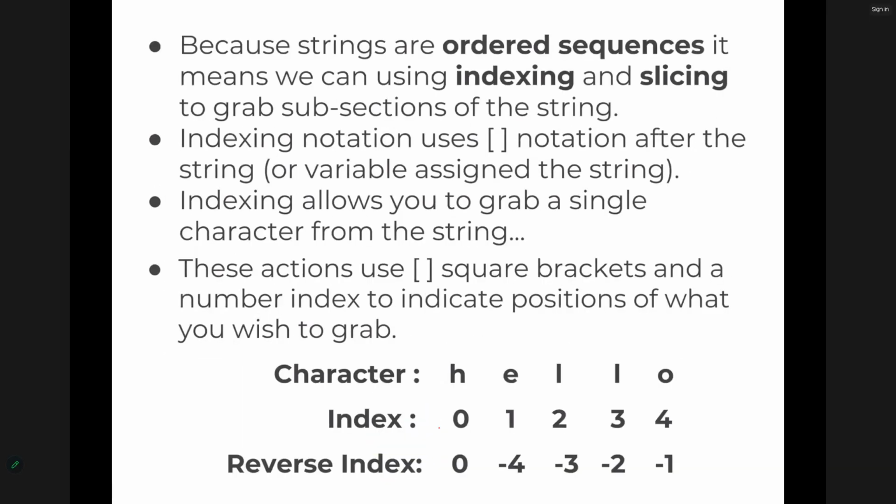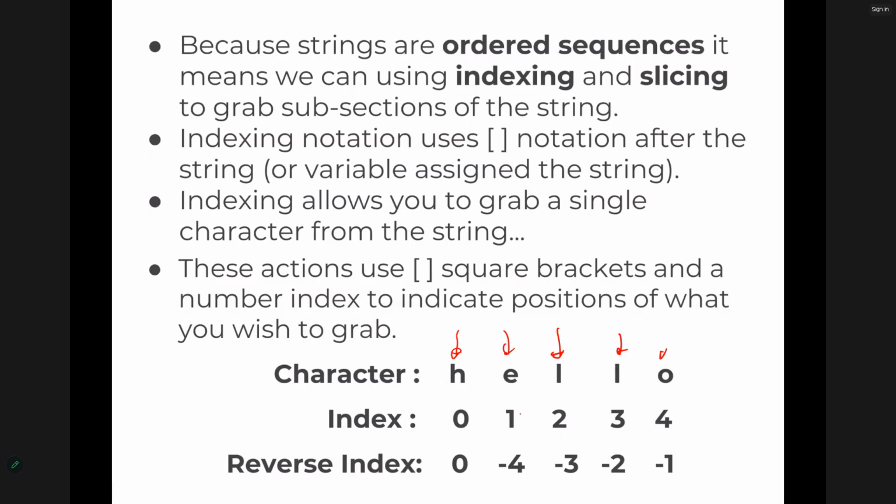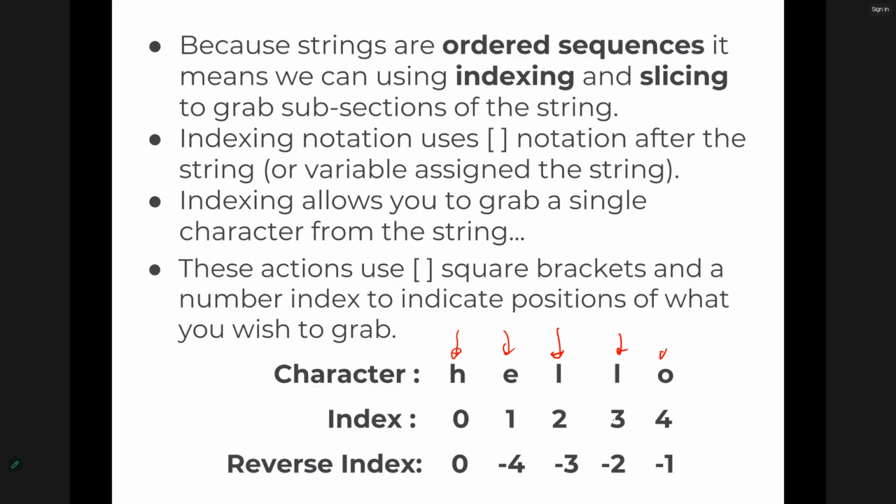So let me show you. This character has this index. H is at the 0th index position, E is at the first index position, L is at the second, the other L is at the third, and finally O is at the fourth index position.